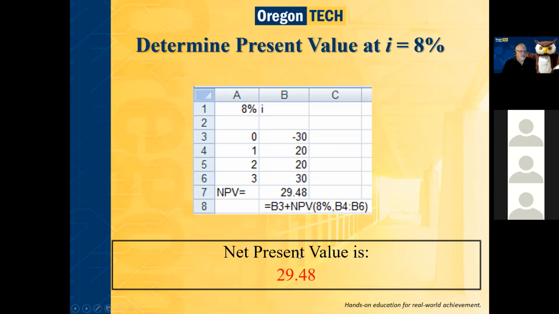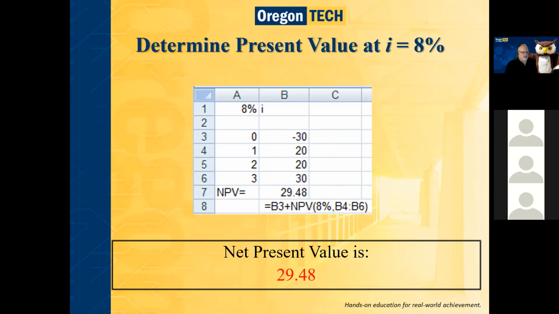$29.48. Now, an alternative way of doing this problem without the net present value function would be to say, okay, what's the present value of $30 at year 0 at 8%? So you go to your table at 8%, look up 3 on the 8% page, and discount this year back to there, then discount this year over 2 periods back to year 0, and then this year 1 period back to 0, add those 3 present values together, then offset against 30, and you have a net present value.